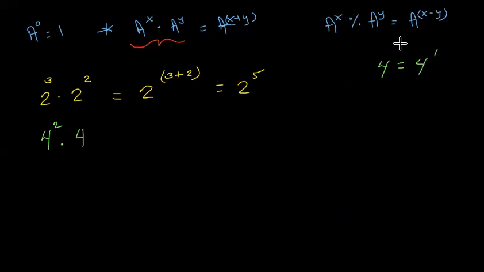We don't see the 1, because it's the first power, we don't have to multiply another 4, because there's 1 4. So according to my rule, with the same base, this is 4 squared multiplied by 4 to the first power. My rule says this is going to be 4 to the 2 plus 1, which is 4 to the third power.